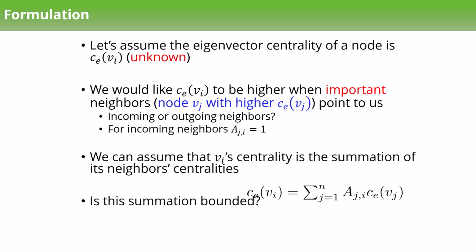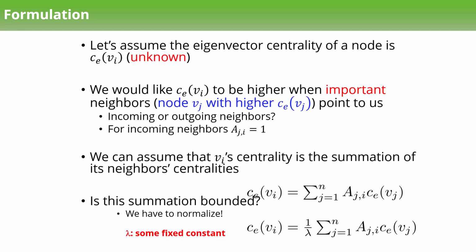So the need for normalization: if we keep adding the centrality values of neighbors, the values can become very large. So we need to normalize the values by introducing a constant lambda, leading to the eigenvector equation, with eigenvalue and eigenvector.